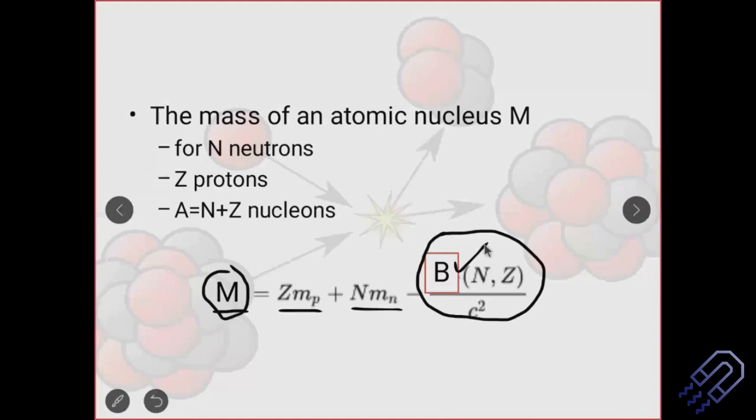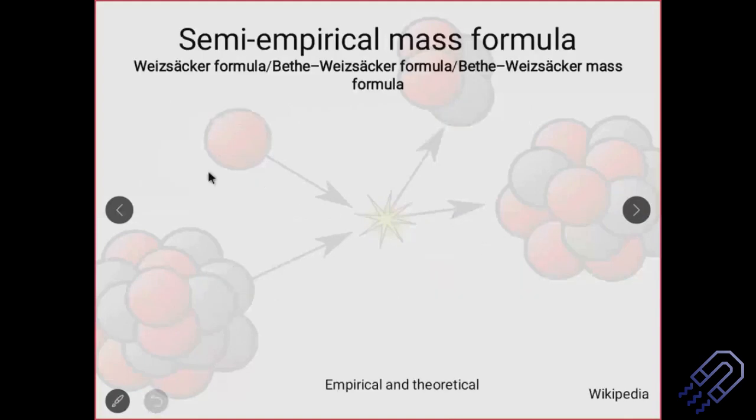The semi-empirical mass formula has a lot of terms involved, but we are just going to concentrate on this. This is the main agenda of today's lecture. We are going to talk about the semi-empirical mass formula. The first thing is why semi-empirical? Because it is based on empirical points. In general, empirical means from observation or from some experiment.